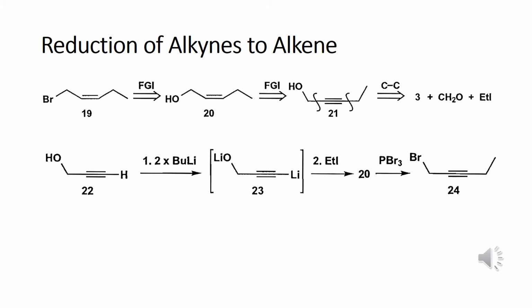Of course, the alternative order of events may be a better option, since the reduction to the cis alkene can be done either before or after incorporation into the cis-jasmone skeleton. Structure 22 was also transformed into the propargylic bromide, that is structure 24.